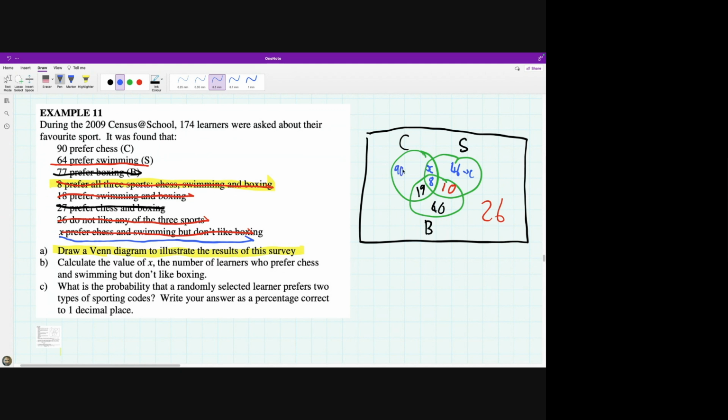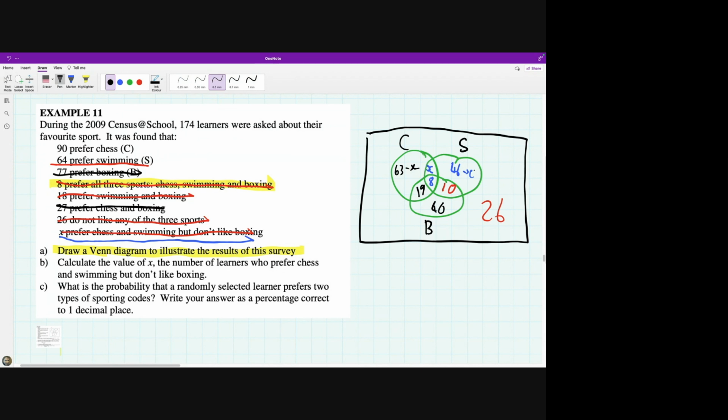So I go 90 minus x, 90 minus 8, 90 minus 19. And if I do that, I get 63 minus x for that region. The same way here, when it said swimming was 64, I went 64 for this whole circle, but I must go 64 minus 18, which gives me 46, and then I take away that x.